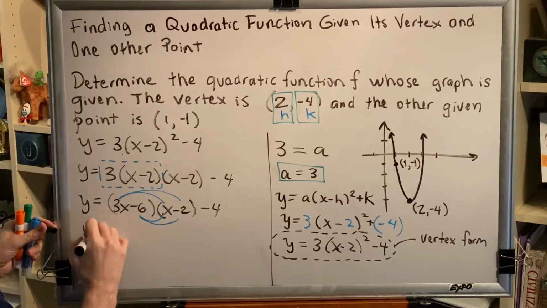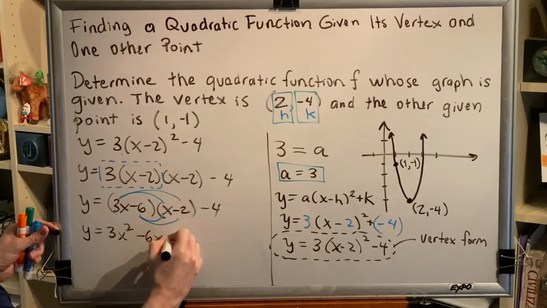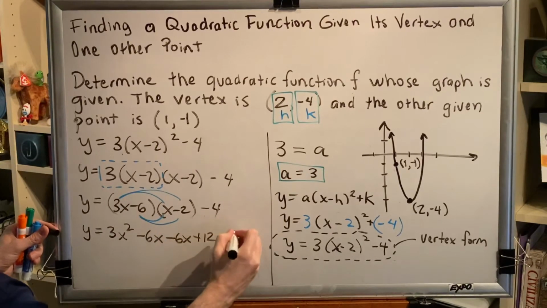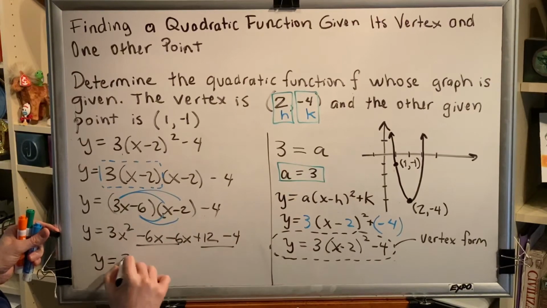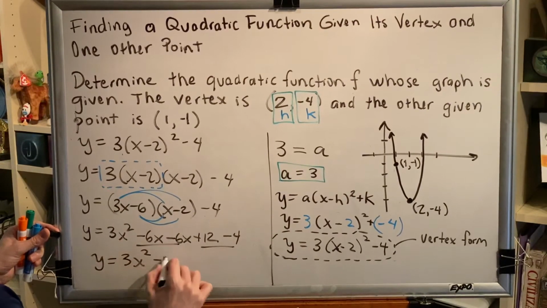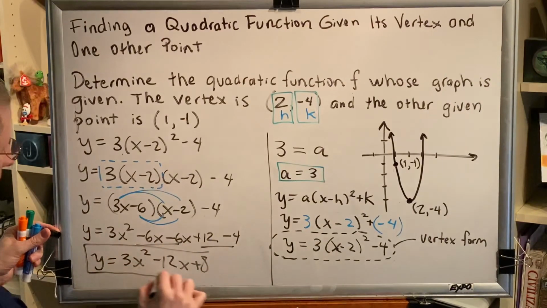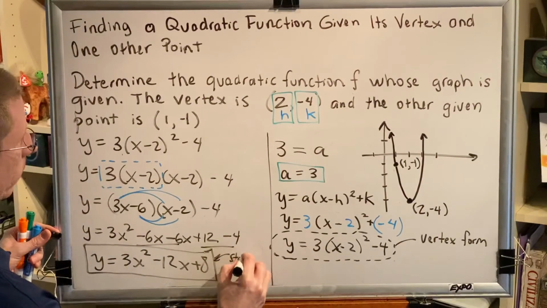This will give us y equals 3x squared minus 6x minus 6x plus 12, and then this subtract 4. Finally, combine your like terms. y equals 3x squared minus 12x plus 8. This is our final answer and is in the standard form.